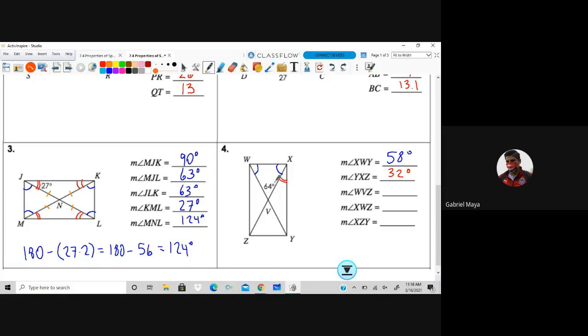Oh, and I'm going to mark these again because, as you remember, those are congruent. Okay, let's use purple. So what about this one right here? What about this angle? WVZ.